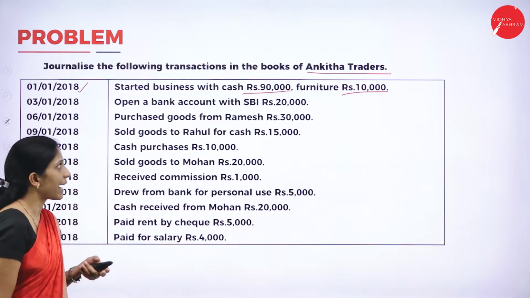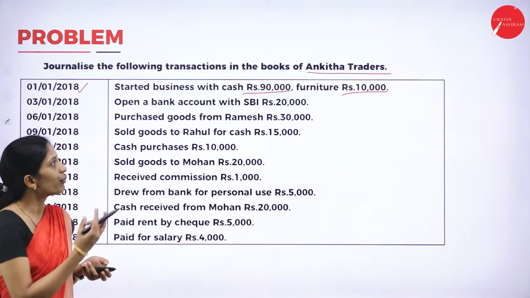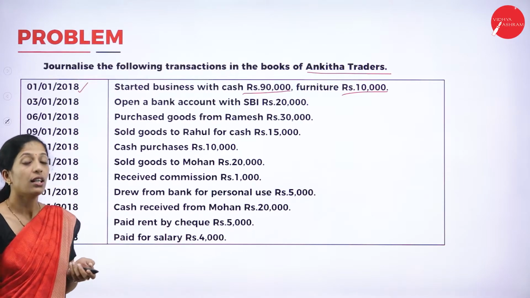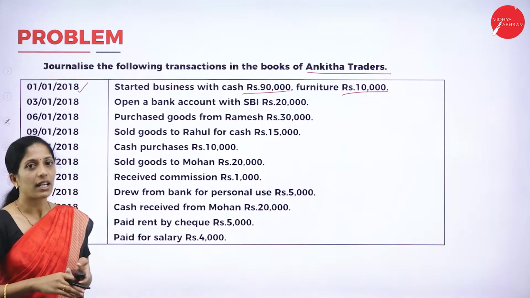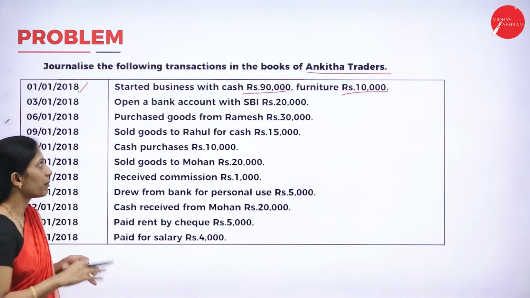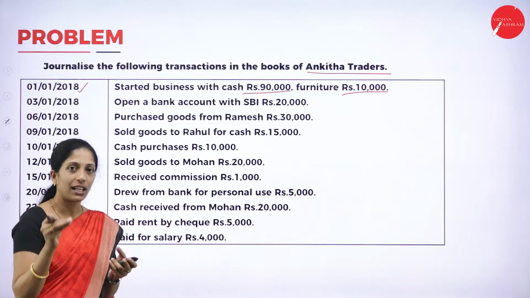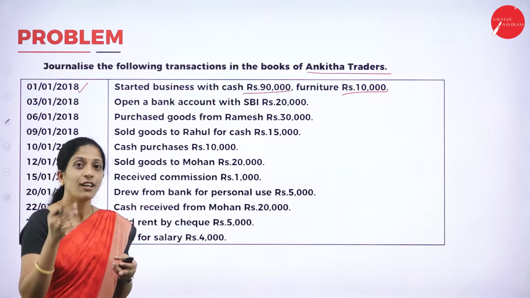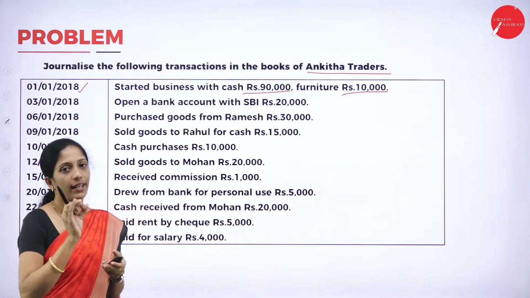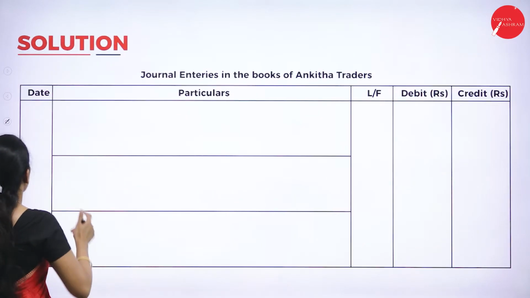Business started with cash rupees 90,000, furniture rupees 10,000. So, your entry will be cash account debit, furniture account debit to capital account, because the whole thing, whatever the investment which is made by Ankita in the form of cash as well as furniture, wholly is called as what? Capital.